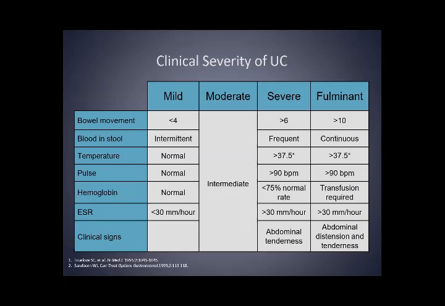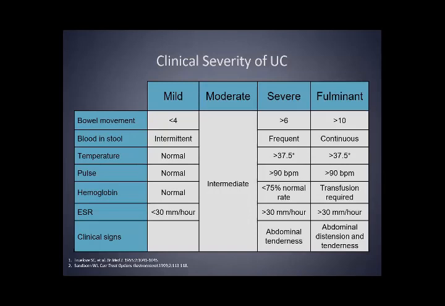If the patient is passing less than 4 stools, it is a mild disease. Four to 6 is moderate, and more than 6 is severe disease by bowel frequency, and fulminating colitis may be more than 10. Blood in stool is intermittent and usually scanty, but it may be frequent and continuous in fulminating colitis.